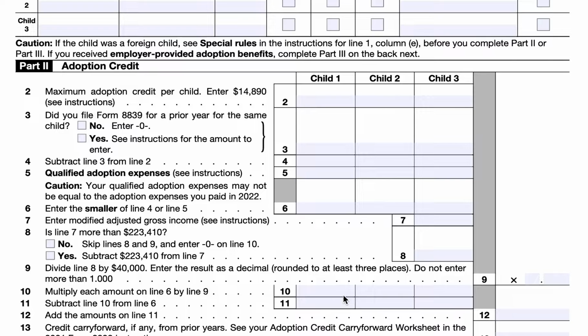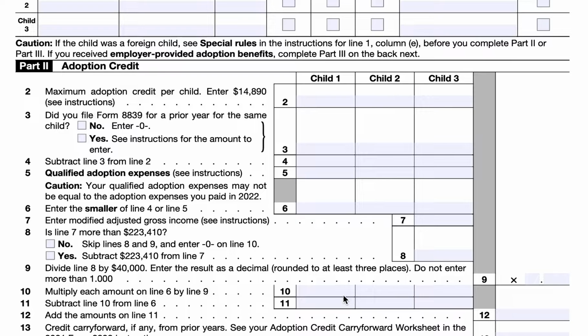In line 8, you will determine if the amount in line 7 is more than $223,410. This is the beginning of the phase out. If not, you can skip lines 8 and 9 and enter 0 on line 10. If the answer is yes, you must subtract $223,410 from the amount in line 7.